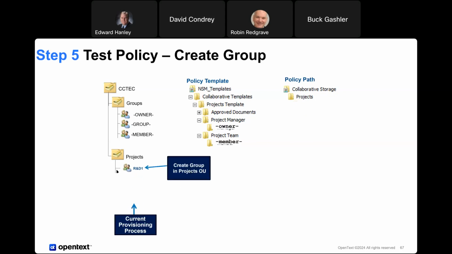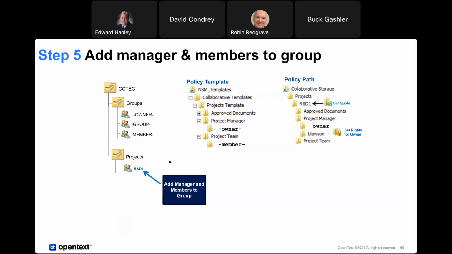So you basically just create a group any way you want, and it's going to create that folder structure, copy this template in, and then it's watching this group. So when we're watching this group, if we add an owner or add members to the group, we're dynamically creating these folders and setting the rights and everything based on what was set up in the template.